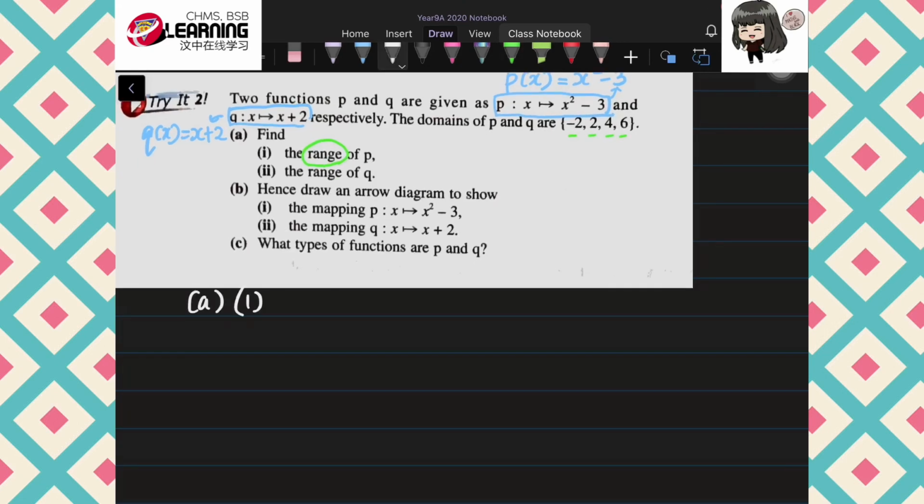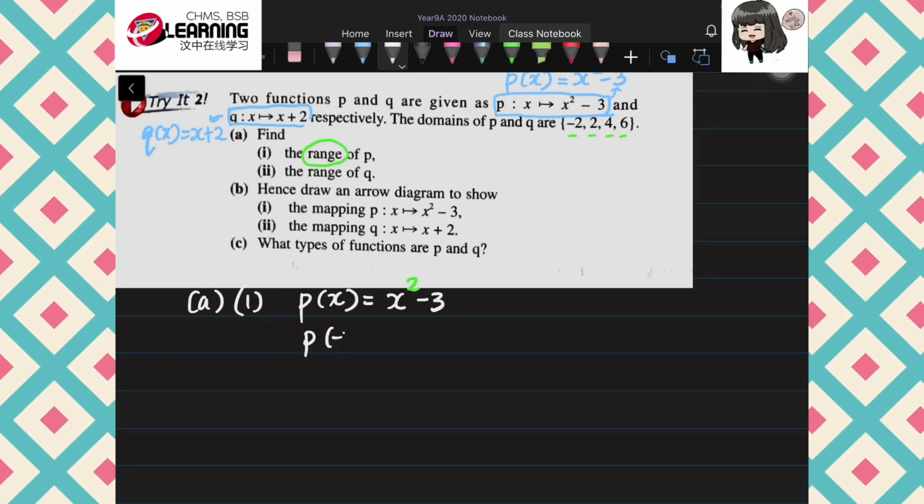For the first part, we have the function of P, which is x squared minus 3. So find the range, find the output basically. The domain is already given: -2, 2, 4, and 6. So we sub it in.